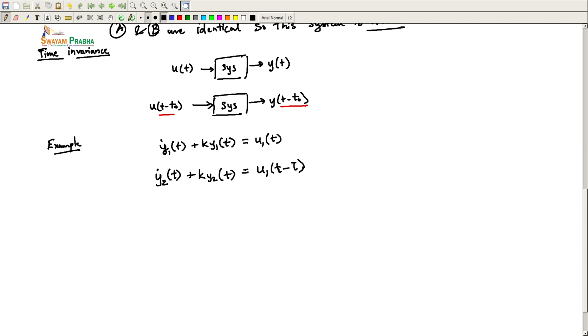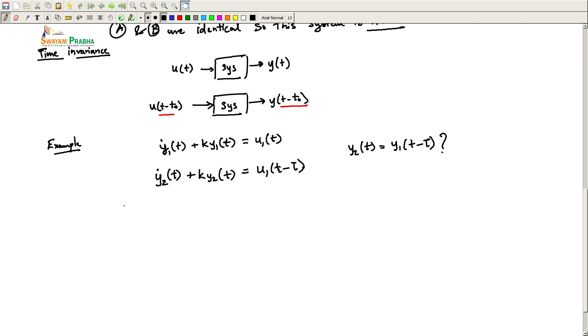So, our question is, for this to be time invariant, basically the question which we'll have to answer is whether we can get y2 of t is equal to y1 of t minus tau. So, this is our question.